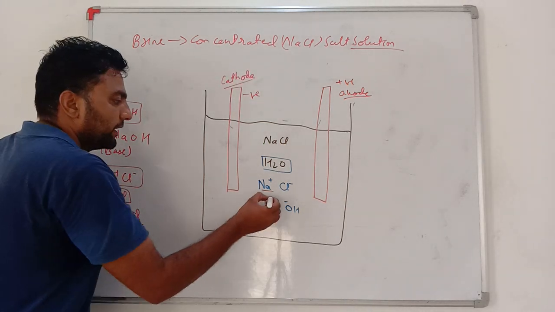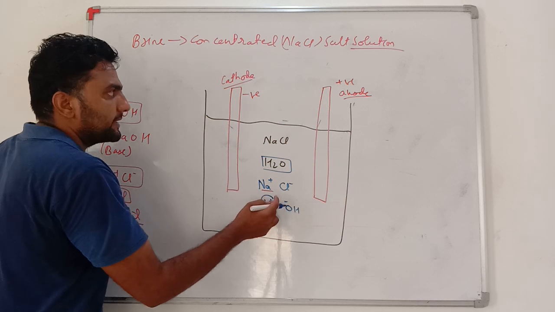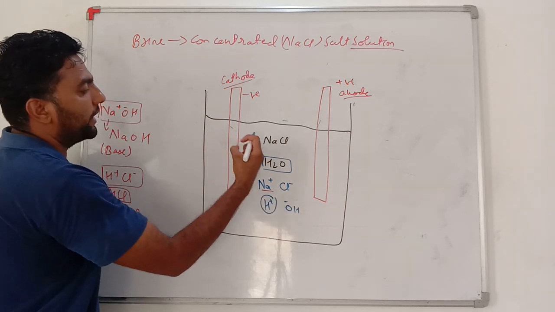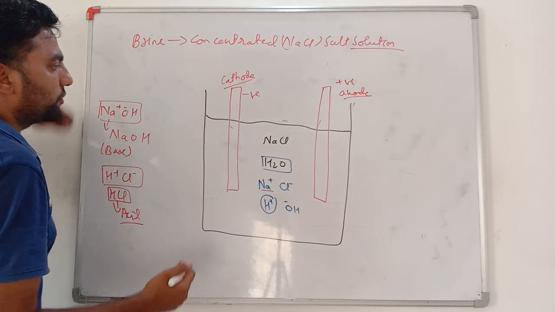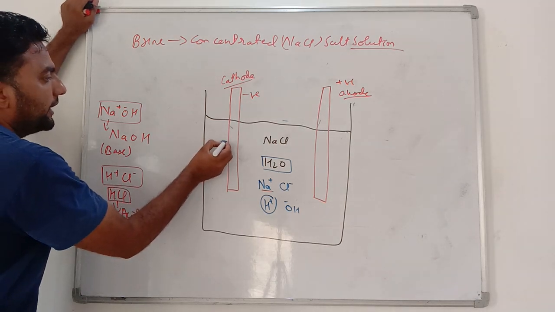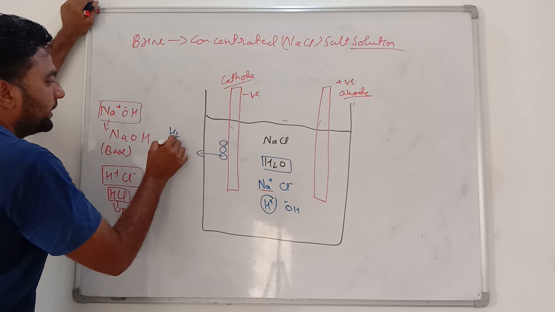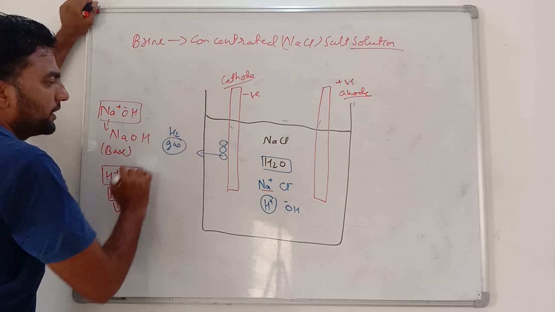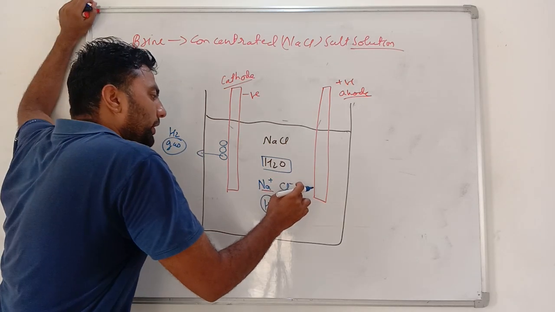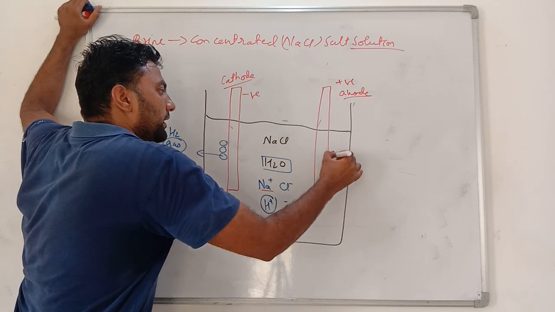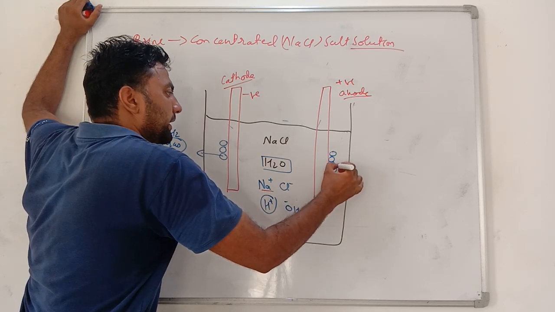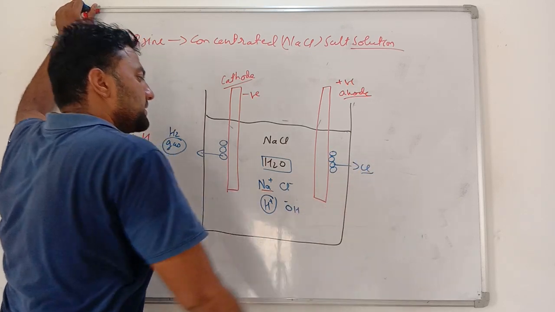Now very important, this H plus ion gets attracted towards the negative electrode to get the electrons. So very important, we get hydrogen gas here. Second thing, this chlorine comes at the positive electrode, so we are getting chlorine gas here.